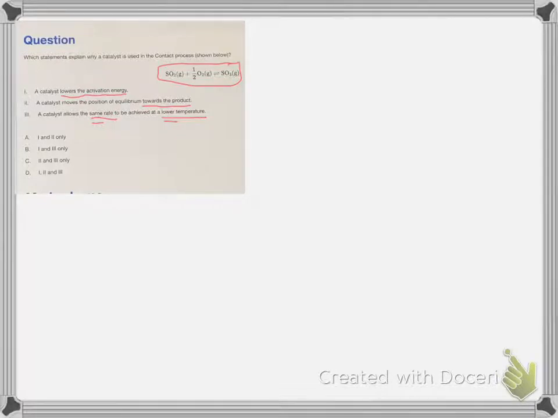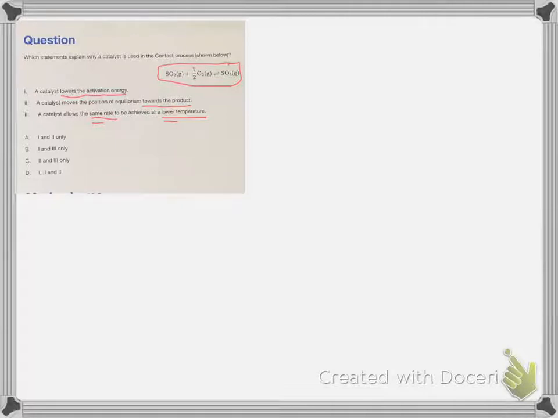And we have different options to pick from, to see which of these three are correct. We can pick 1 and 2, 2 and 3, 1 and 3, or 1, 2 and 3.